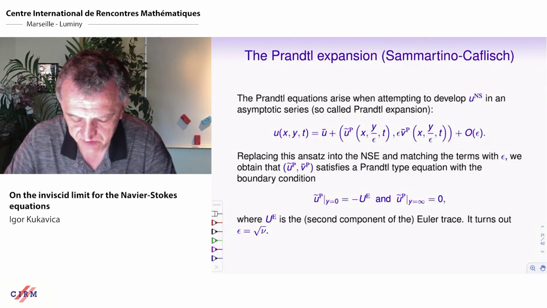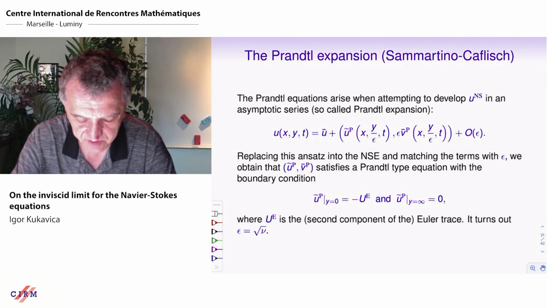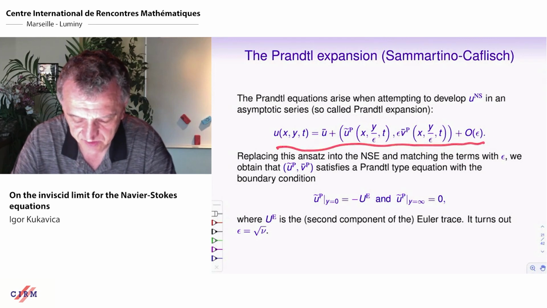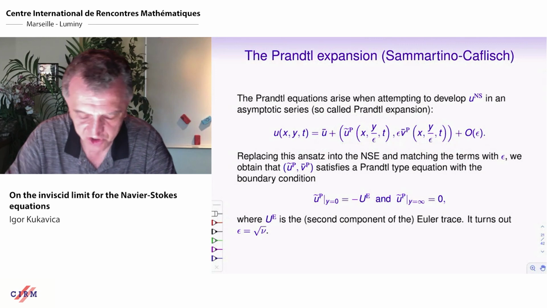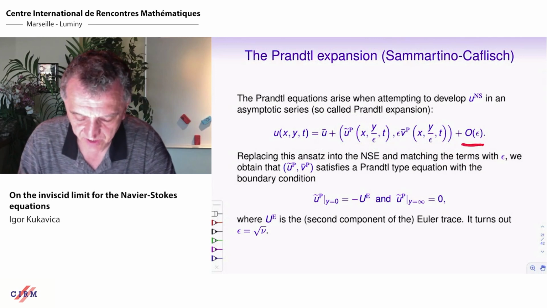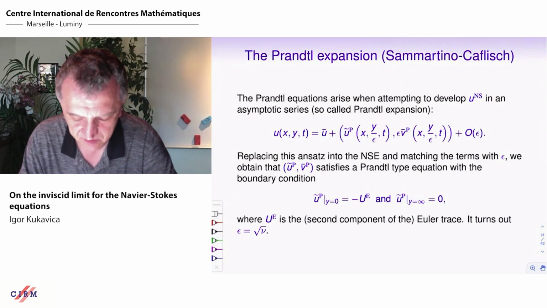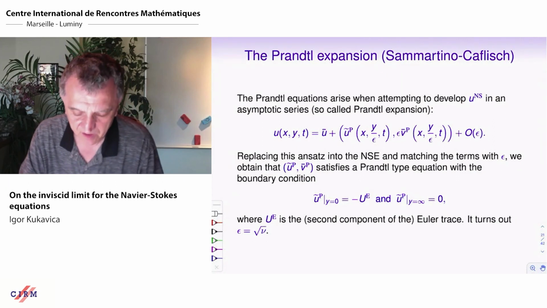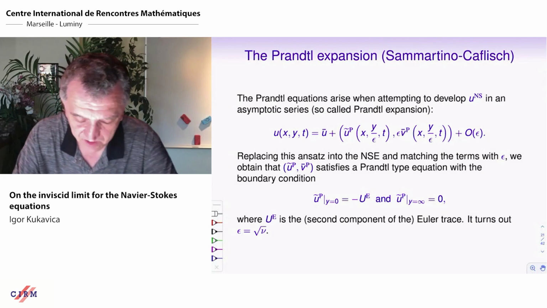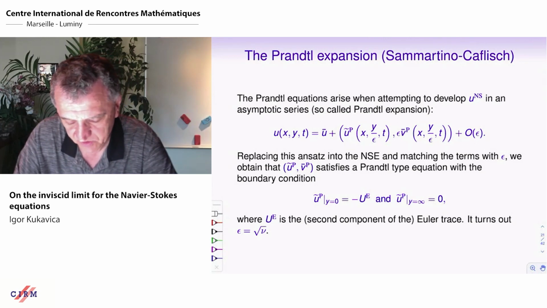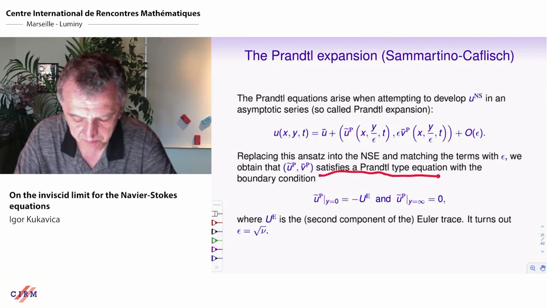And the idea is to use this as an ansatz in the Navier-Stokes equations, write the equation for the error, and then estimate it in some space. Okay, so if you replace this ansatz into the Navier-Stokes equations, we obtain that they satisfy a Prandtl type equation.